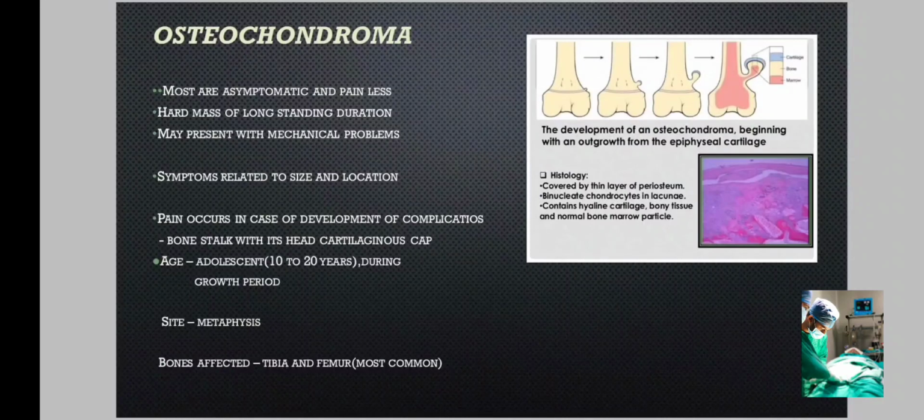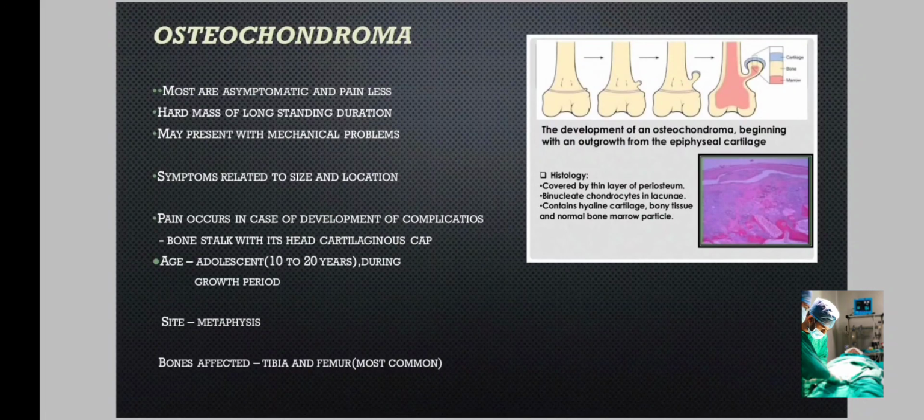These are mostly asymptomatic, but if they compress some nearby neurovascular structures, then they can cause pain, and the causes of pain can be related to all the complications which are associated with the exostosis, which we'll cover later. The age of presentation is classically between 10 to 20 years, and during the growth period, as we have discussed.